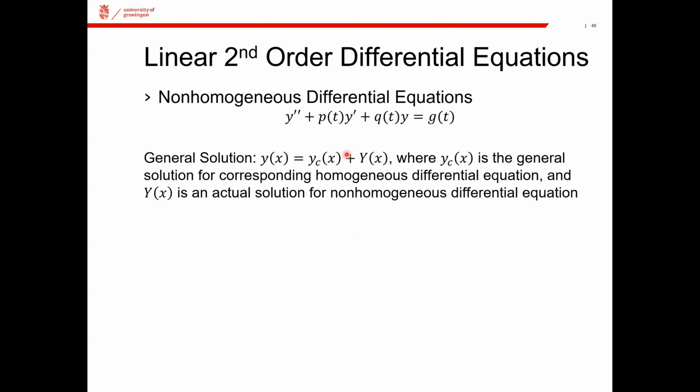So ycx is the solution when gx equals 0, and Yx is the solution for the non-homogeneous differential equation. And here is still a typo. It should be x and x here.